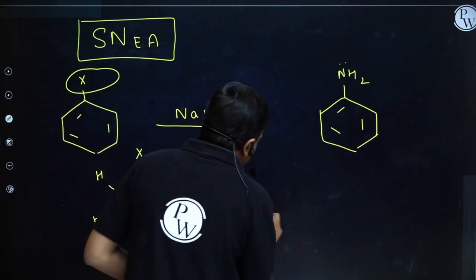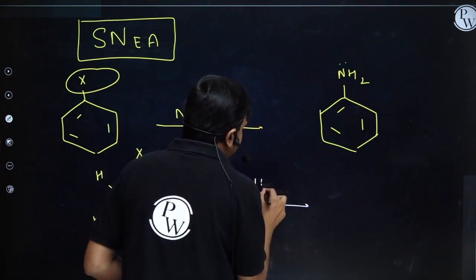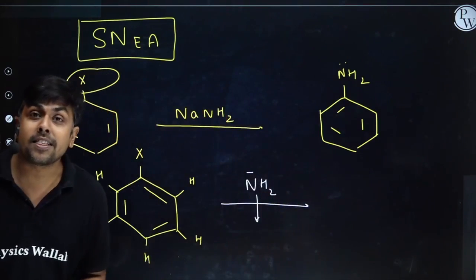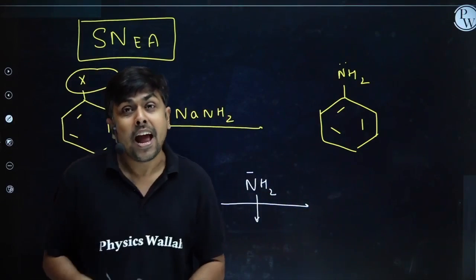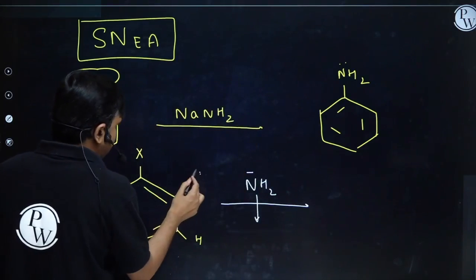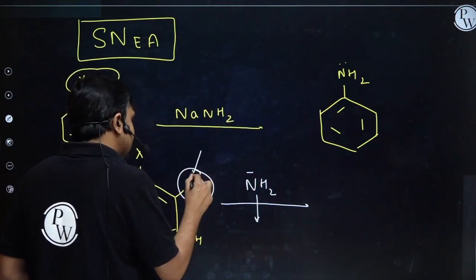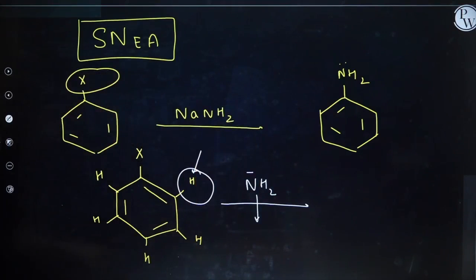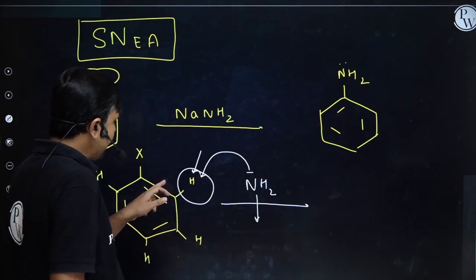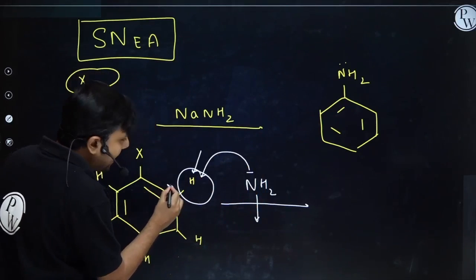As soon as it is treated with a stronger nucleophile, NH2 minus, this NH2 minus will also act as a stronger base, and it will snatch this acidic hydrogen. As soon as it snatches this acidic hydrogen, I will have the formation of a negative charge.